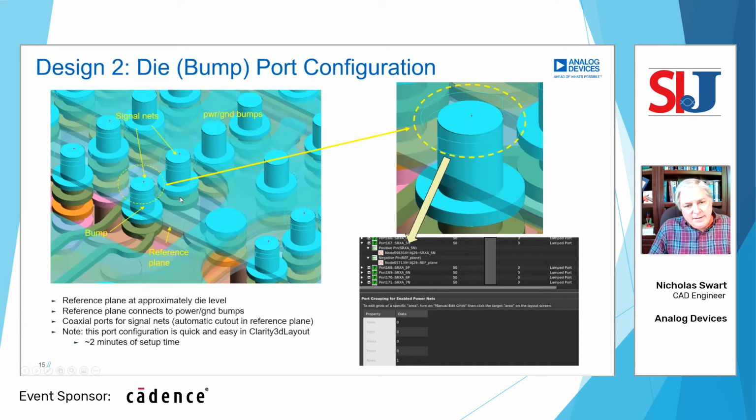And then power and ground were physically connected to that ground plane. So again, this is a fairly simple, fairly typical way of setting up ports for this kind of simulation.